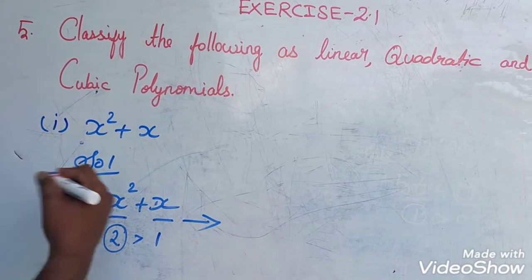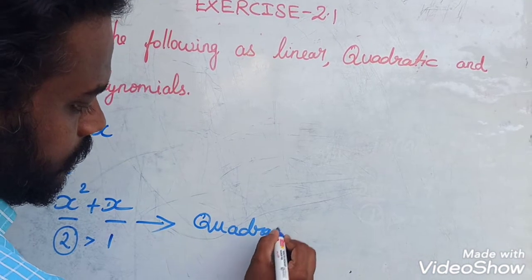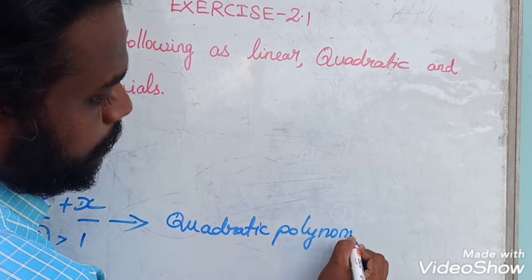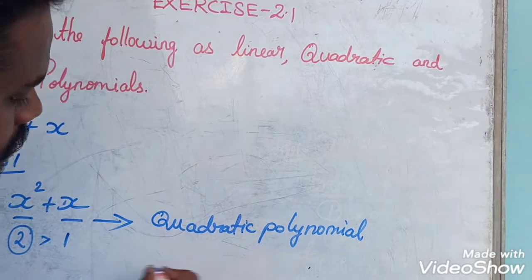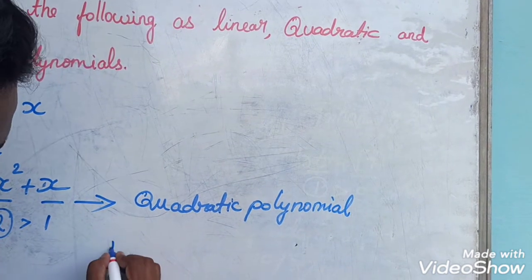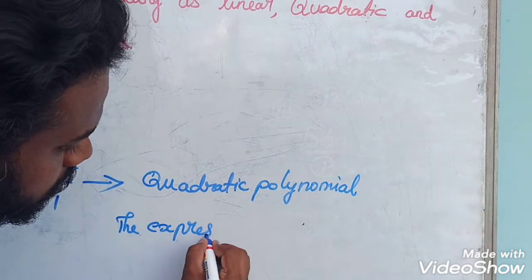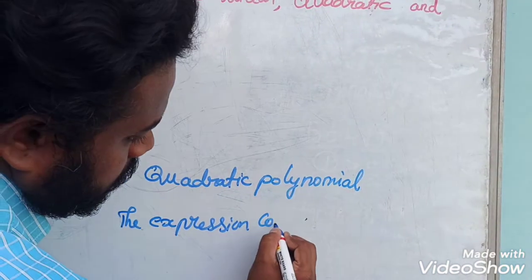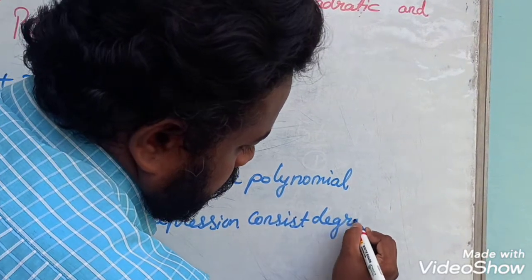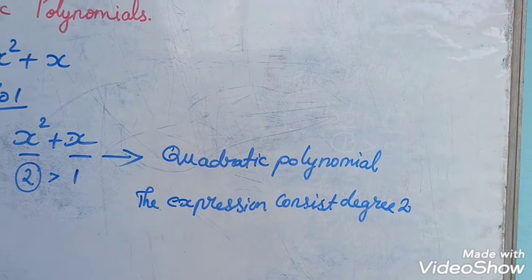So we say this expression is a quadratic polynomial. The expression consists of degree 2.